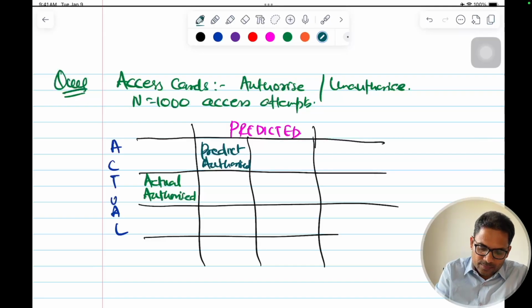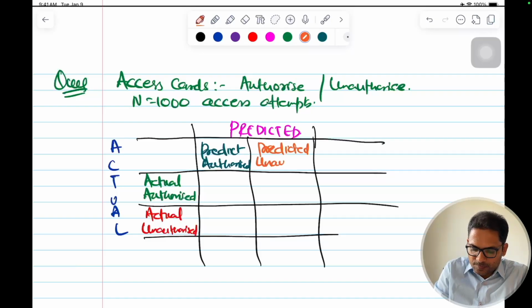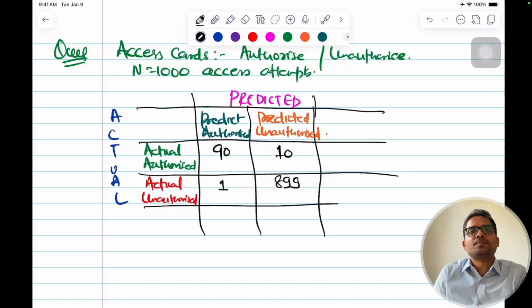And then there is an actual unauthorized person who should not be let into the system, and the system may have some bugs, if it's a software system. And then predicted unauthorized access. So the data we have is 90, 10, 1, and 899.